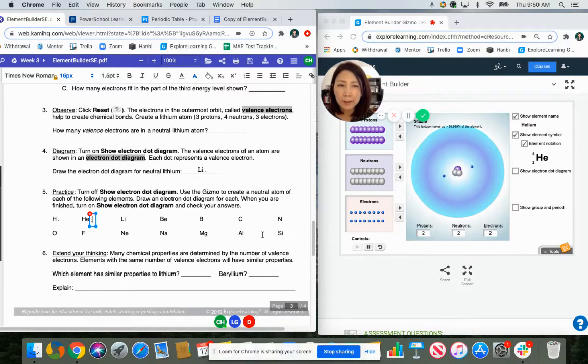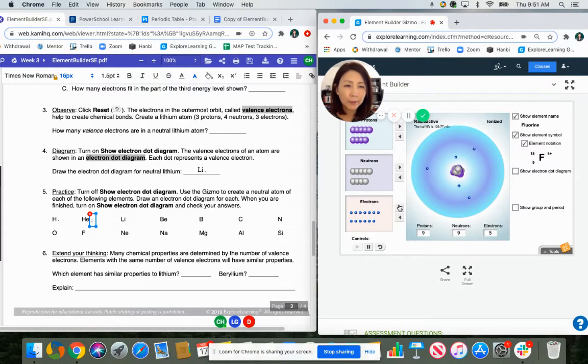Okay, I already knew that, so it's saying to try to guess it and then double check your answer. Okay, we already did lithium, we already saw that. Let's jump to fluorine, but these all go in order, 1, 2, 3, 4, 5, 6, 7, 8, 9. So I'll jump up to fluorine. Okay, so fluorine has 9 protons, so I'm going to go ahead and give it 9.